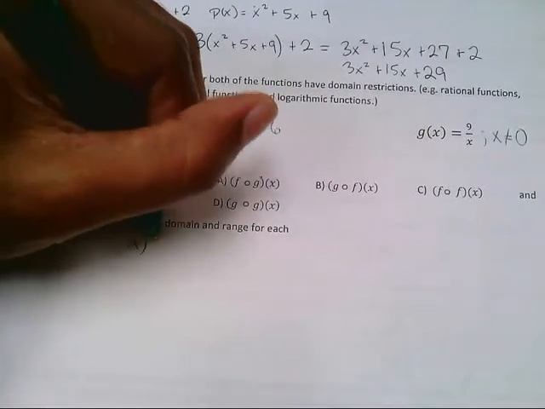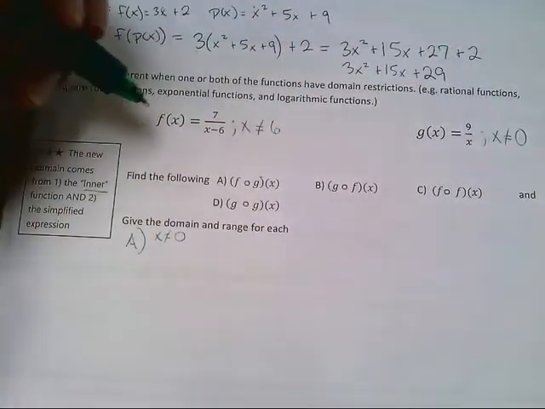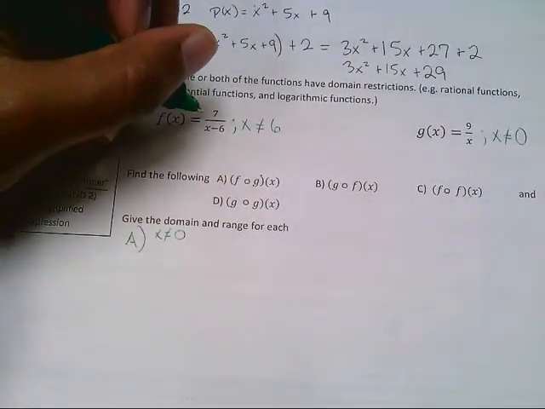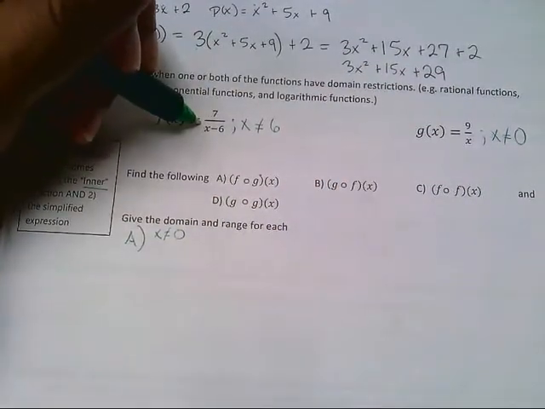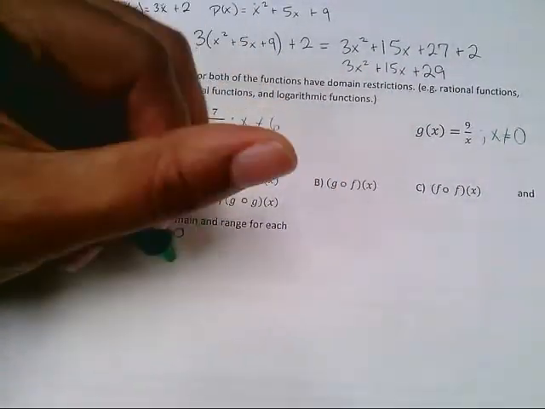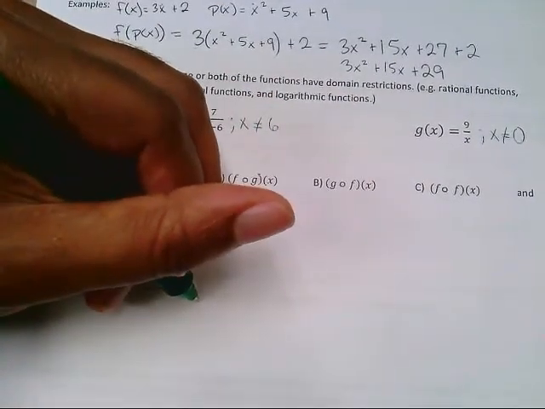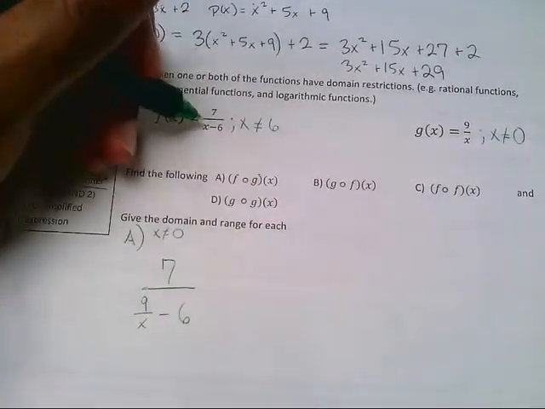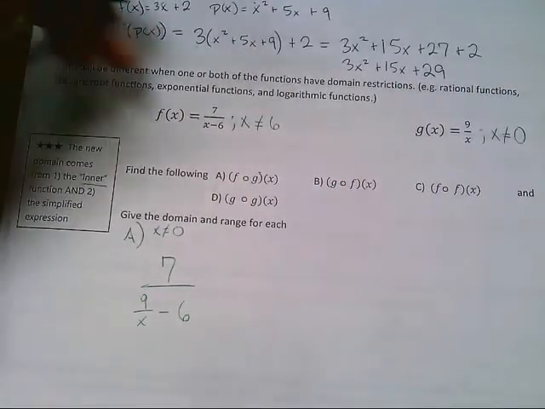So that will be a part of our domain, but then we need to find what f of g of x is and see if we have any more restrictions. So we're plugging g of x, which is 9 over x, into this function for f of x. So we're going to have 7, instead of x minus 6, we're going to have 9 over x minus 6, because we're replacing this x with 9 over x, which is the g of x function.